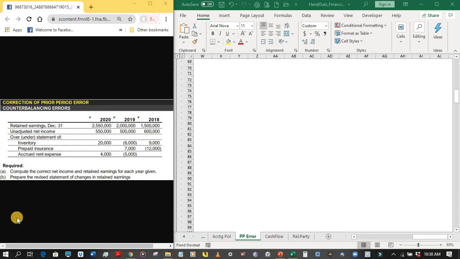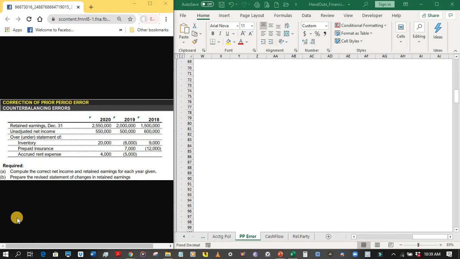However, for a counterbalancing error, since the affected income is 2 or more years, the retained earnings are already corrected after several years. Again, when we say counterbalancing errors, these are self-correcting errors. So it means that if the error is committed in a particular year, it will self-correct by affecting the net income in the succeeding years.